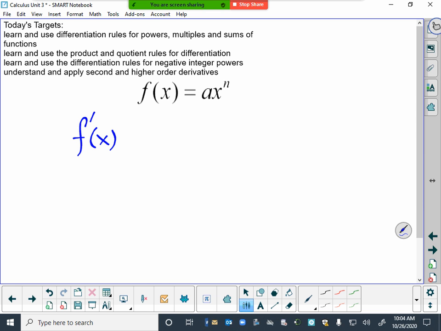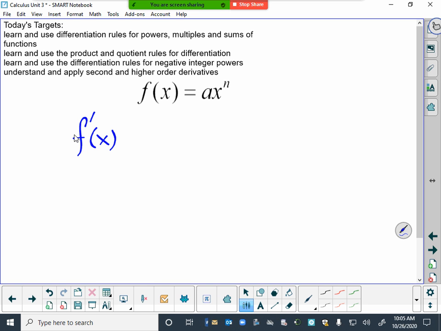So the question is, if f of x is equal to a times x to the n, some of the things that you were supposed to notice is that when the graph was a parabola, the derivative always seemed to be a straight line. Okay? When the graph was a cubic function, the derivative appeared to be quadratic.